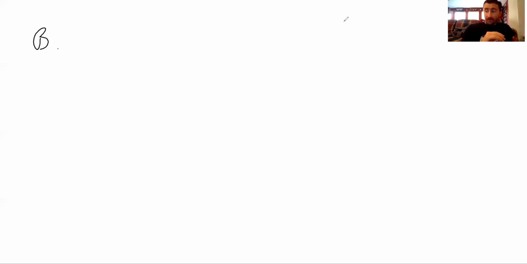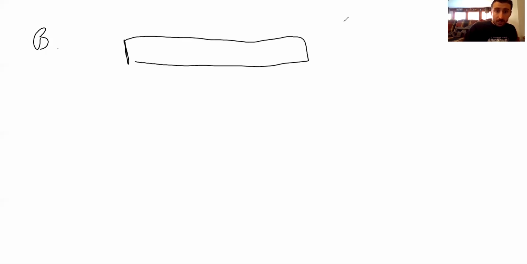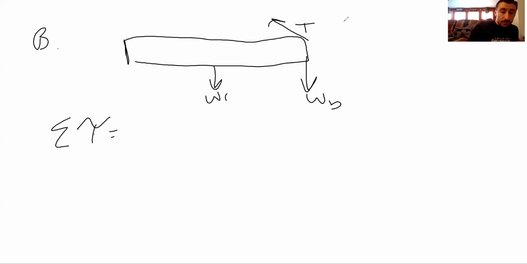So if I have it at the end, I'll draw it again because it might make it easier. So I'm going to have weight of the rod, I'm going to have weight of the block, and I'm going to have what's called tension.